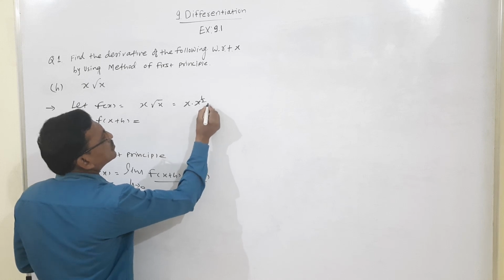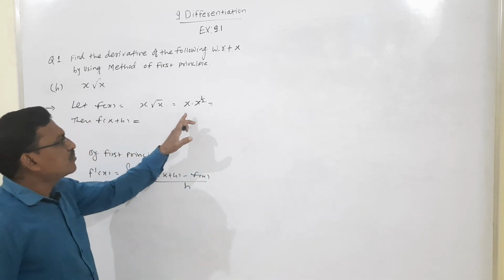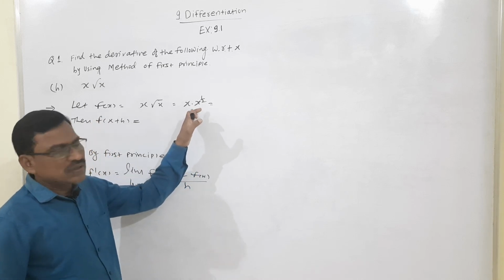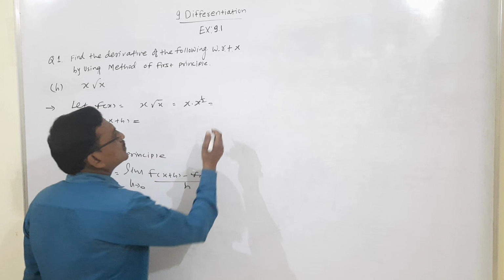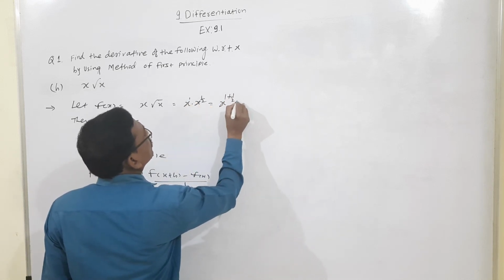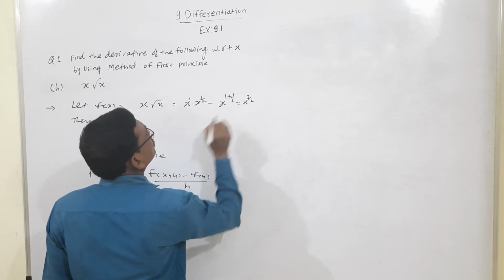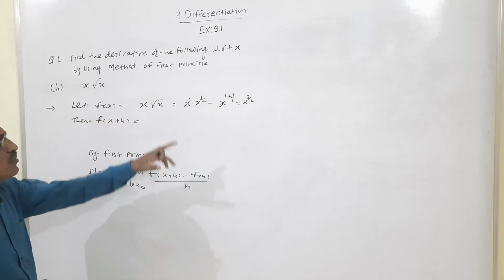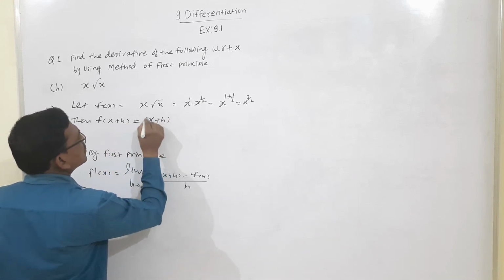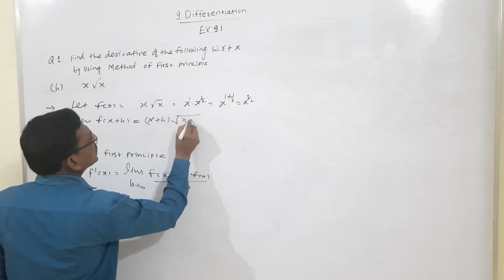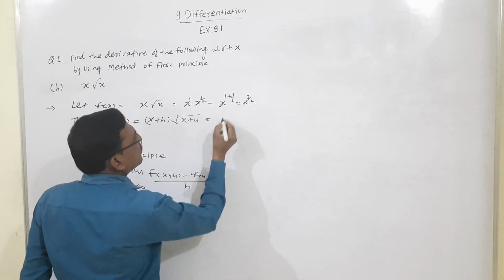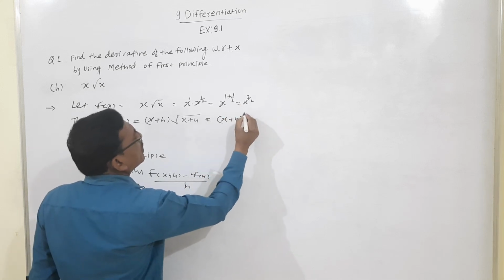Whenever in the base there is a product of the same terms, we add the powers. Means here x to the power 1 plus 1 by 2, and so it is x raised to power 3 by 2. In the same way we put x plus h into under root x plus h, and we also write this function as x plus h to the power 3 by 2.